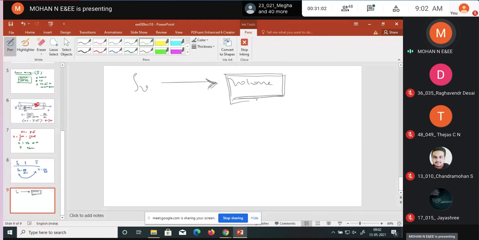So the volume charge density is given, that is rho v, and we need the rate of movement of that volume of charge through a given surface.